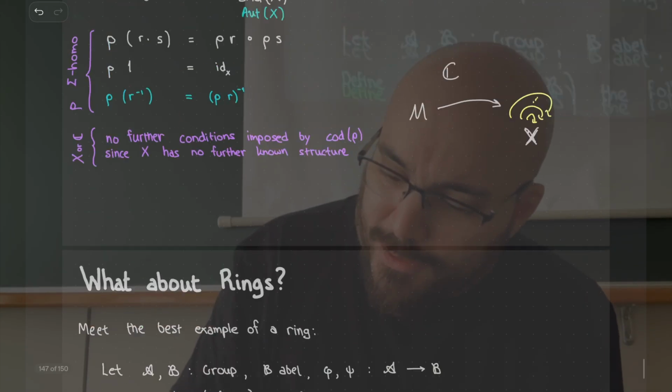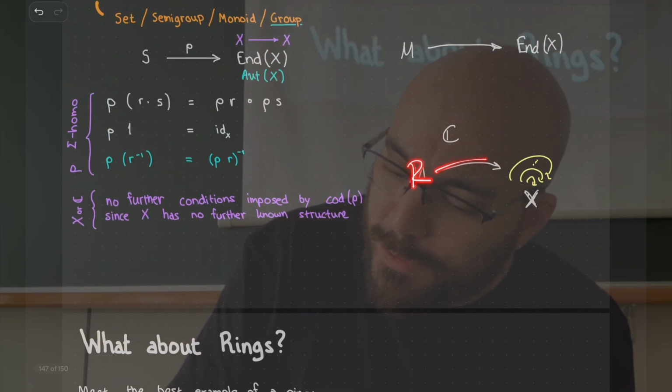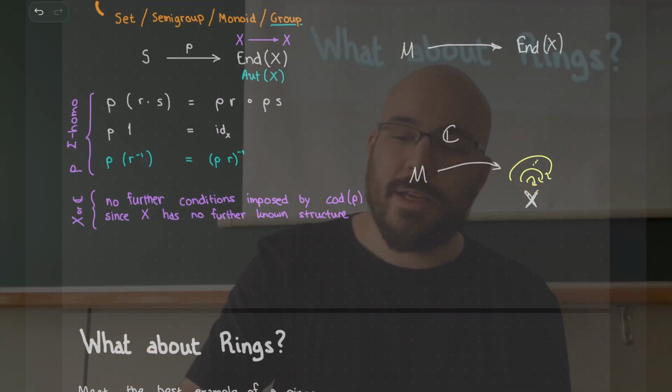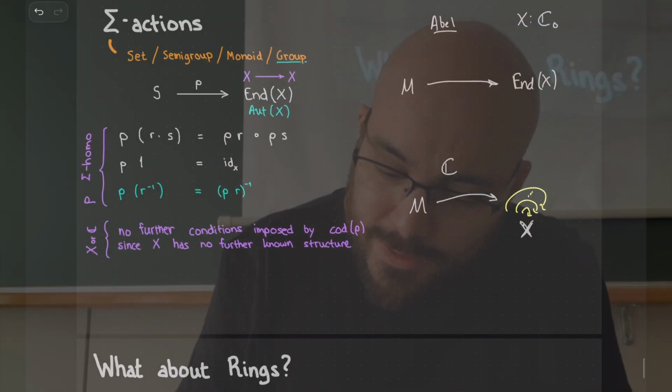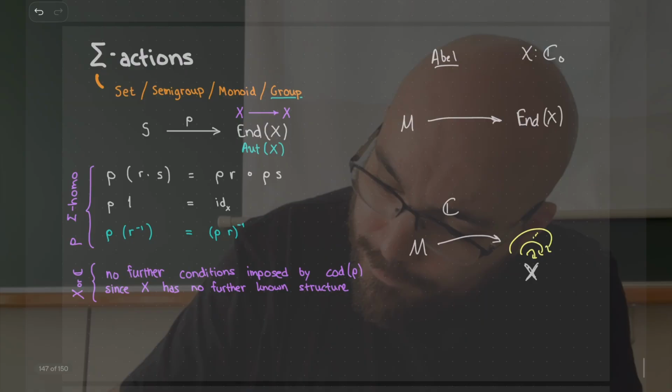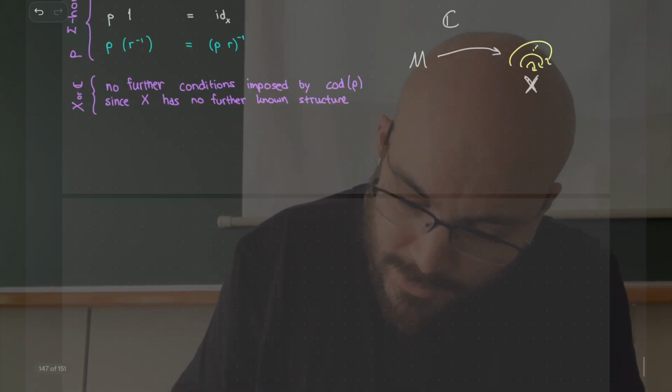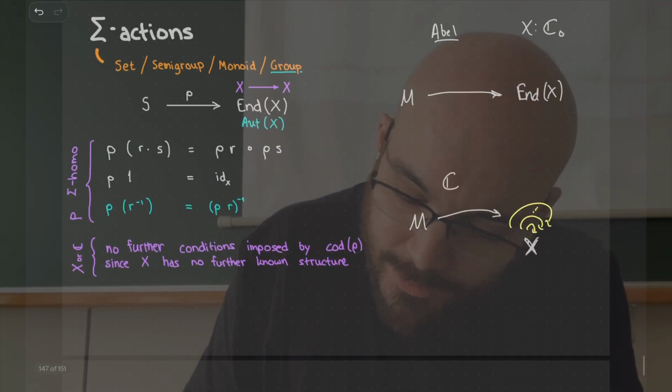So it makes sense to ask, what would be a homomorphism from any ring I like to this particular ring that I have here, in the case that X is an abelian group? You will have all of these things. You will not lose any of these things, obviously. I'll try to copy them here.